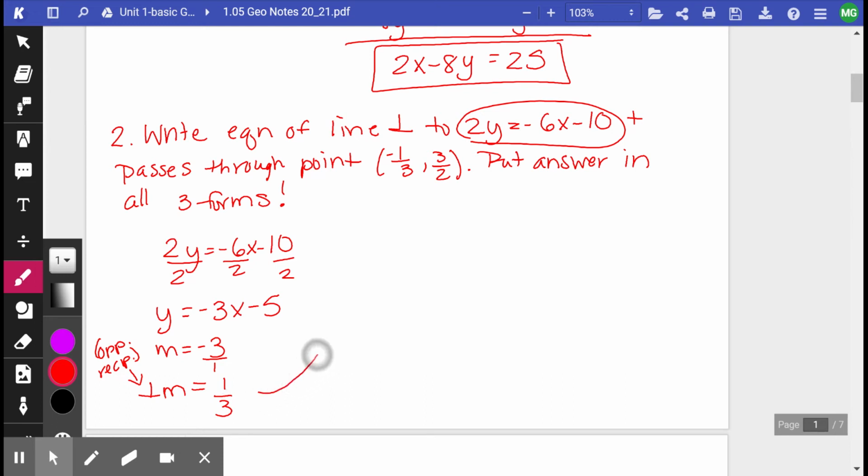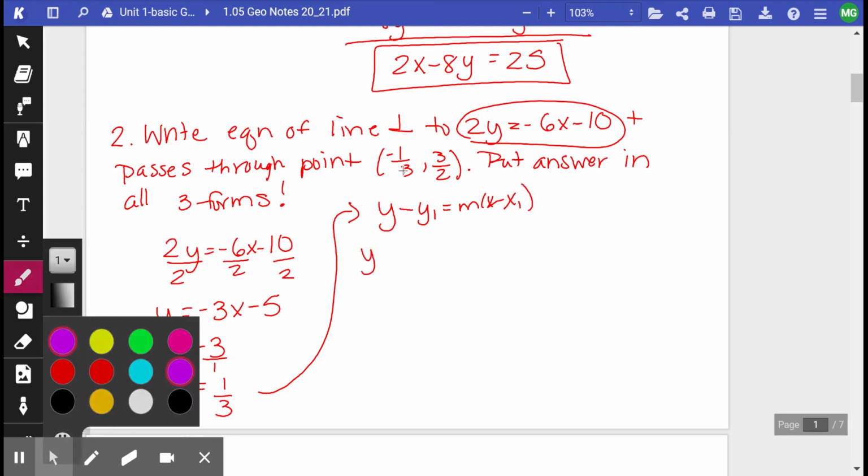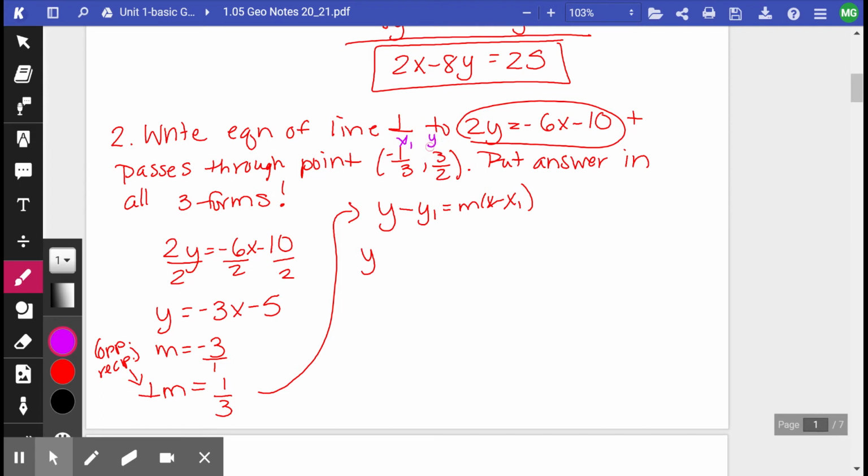So now let's go to the first format, which would be point slope formula. So y minus my y1 equals m times the quantity x minus x sub 1. So I'm going to take this, I'll label as my x sub 1, y sub 1.